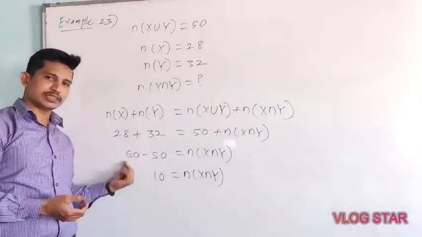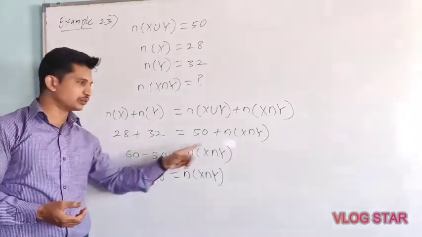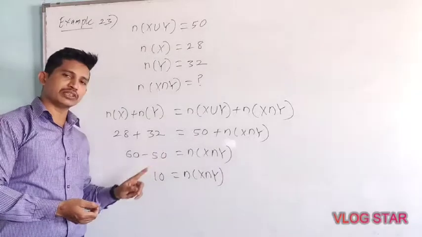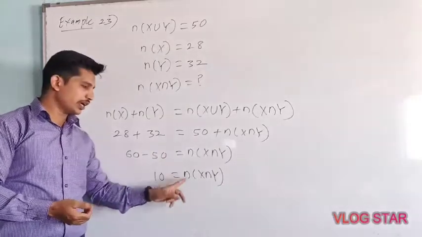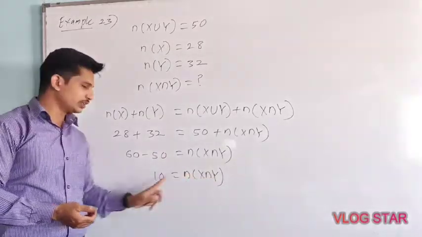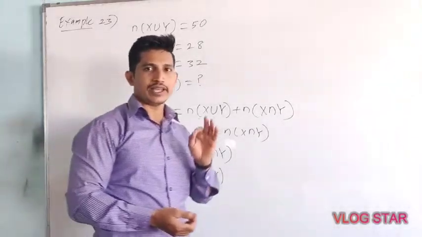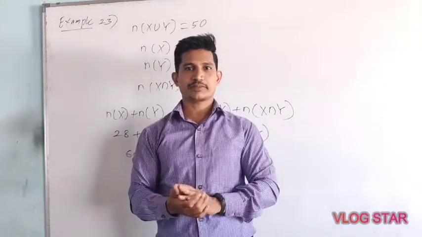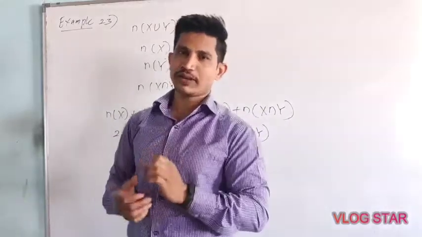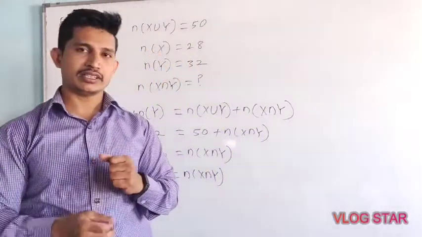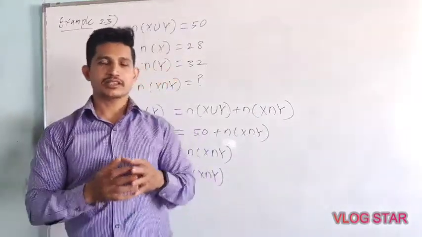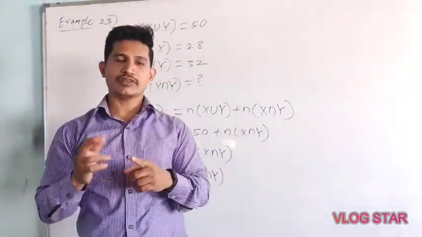So 60 minus 50 is equal to n of X intersection Y. 60 minus 50 is 10. Therefore n of X intersection Y is 10. That means n of X intersection Y has 10 elements. So this is the method for finding how many elements are in X intersection Y. Similarly, we can use this formula for n of X union Y also.